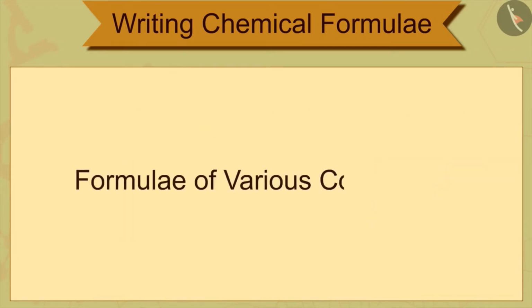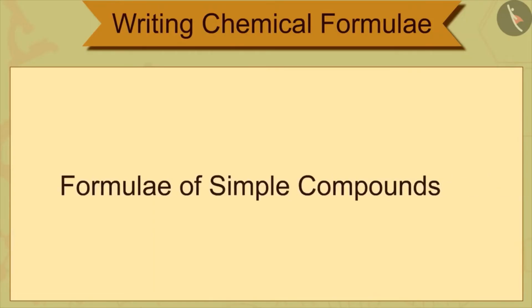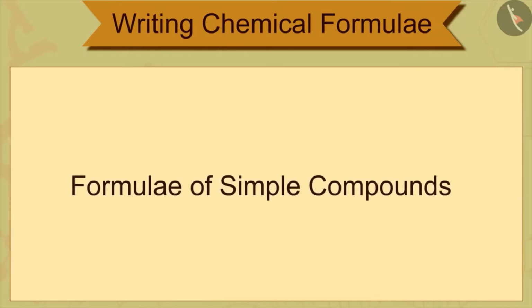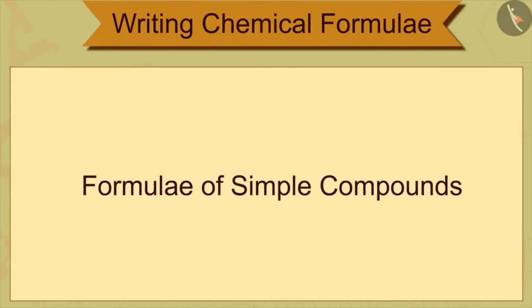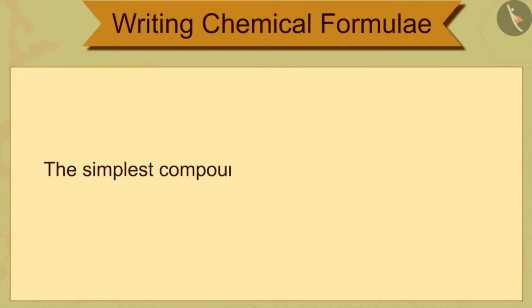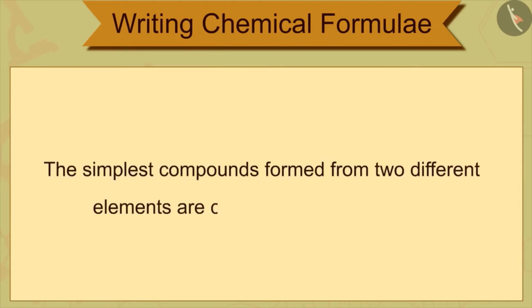Let us now practice writing the formulae of various compounds. First, we will see some examples of writing the formulae of simple compounds. The simplest compounds formed from 2 different elements are called binary compounds.